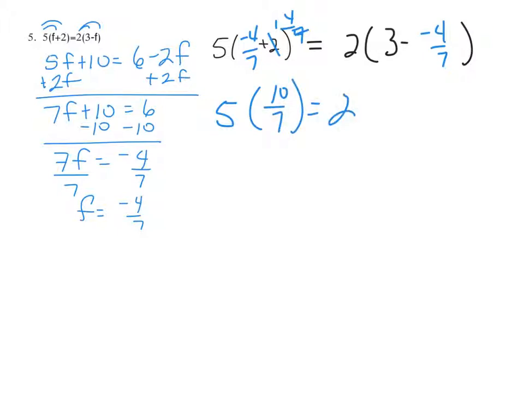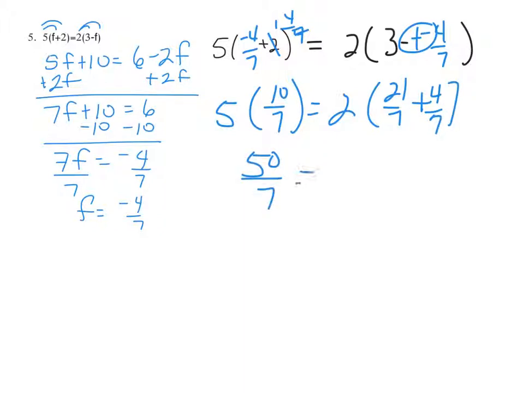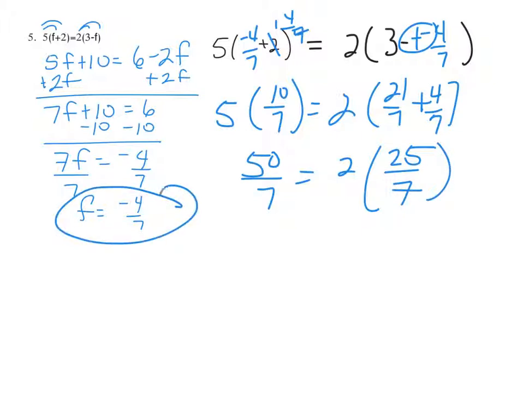And on the other side, I've got 2, and minus negative becomes a plus. So I'm going to make that 21/7 plus 4/7. So I've got 50/7 on the left, and 21 plus 4 is 25, which times 2 is also 50. So my negative 4/7 was the correct answer.